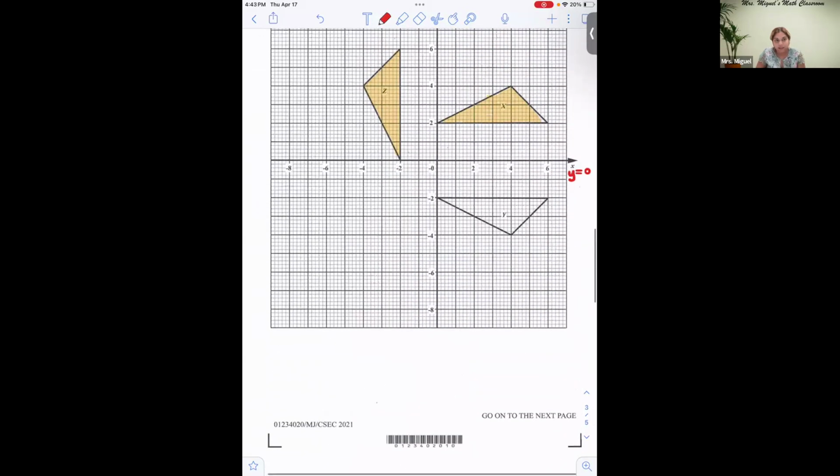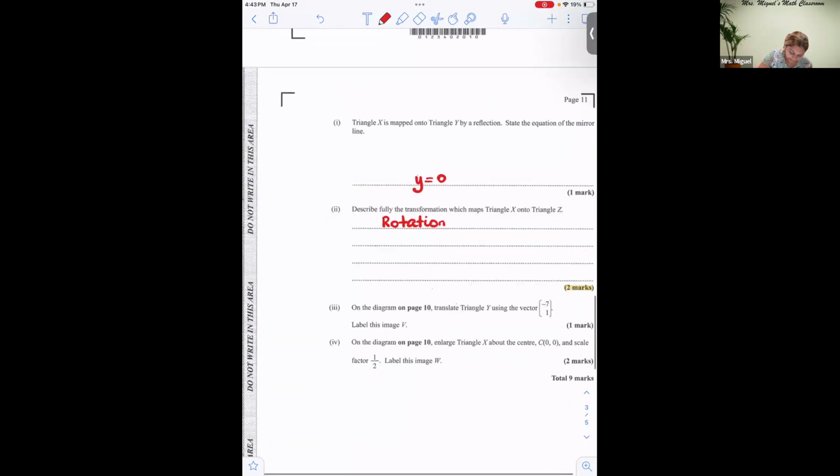Now, what you could write as well, because you could see we move in this side, so it has to be against the movement of the clock. So if we are moving against the clock, it is an anti-clockwise rotation. So we could write that.